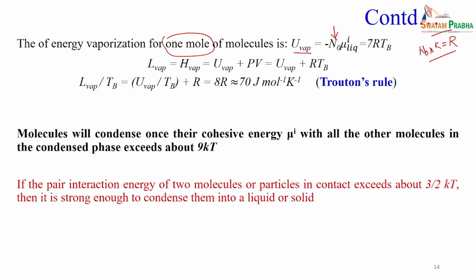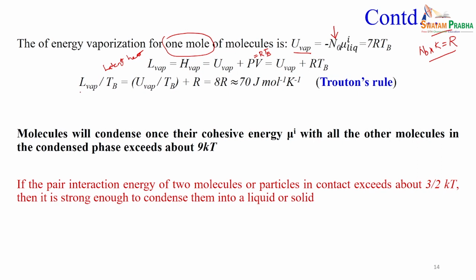Now, if there is a phase change, the energy we call a latent heat, which is our enthalpy of vaporization, or latent heat of vaporization, equal to H is equal to U plus PV, internal energy of vaporization plus P into V. If you apply the gas law, PV is equal to R Tb.